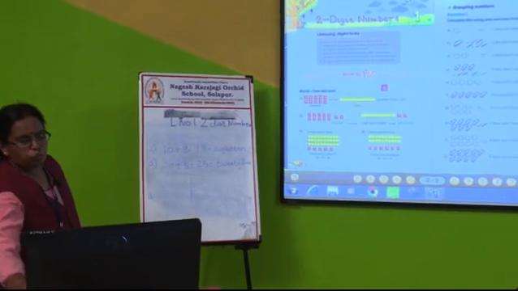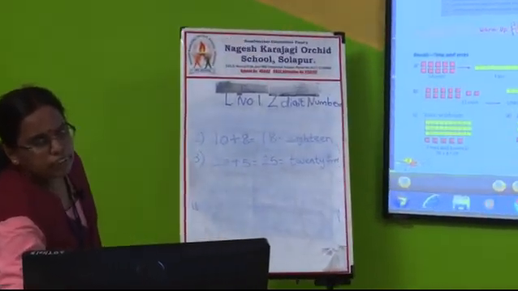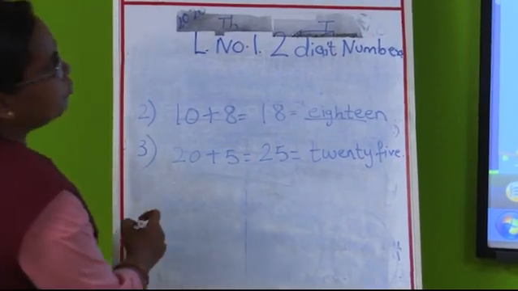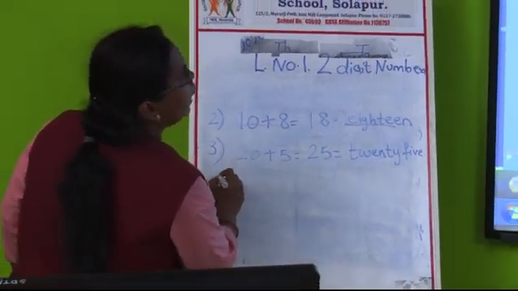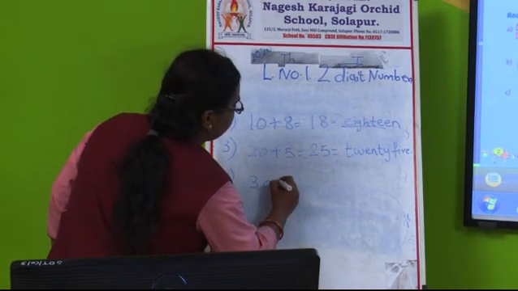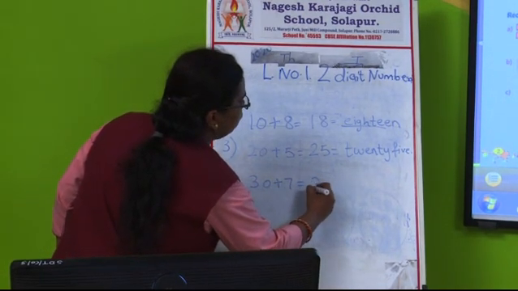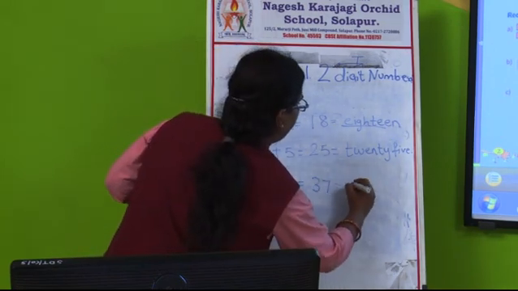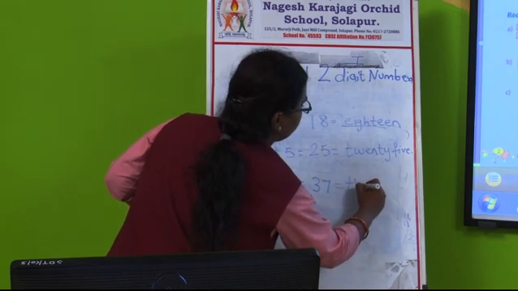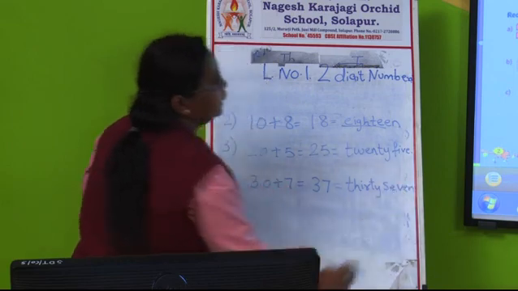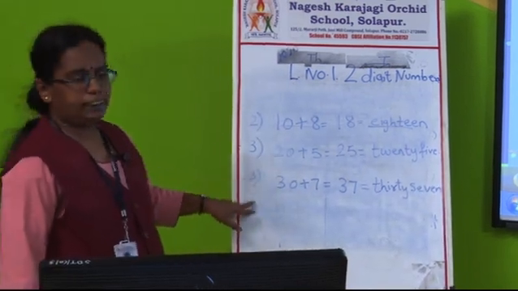Then fourth one, 3 tens and 7 ones, that is 30 plus 7 is equal to 37. Okay, in this way you can solve this exercise.